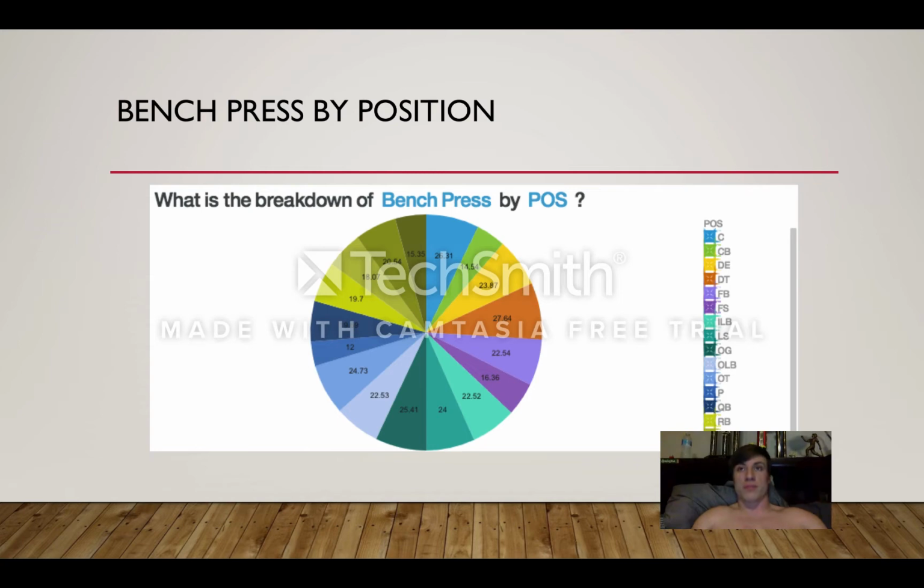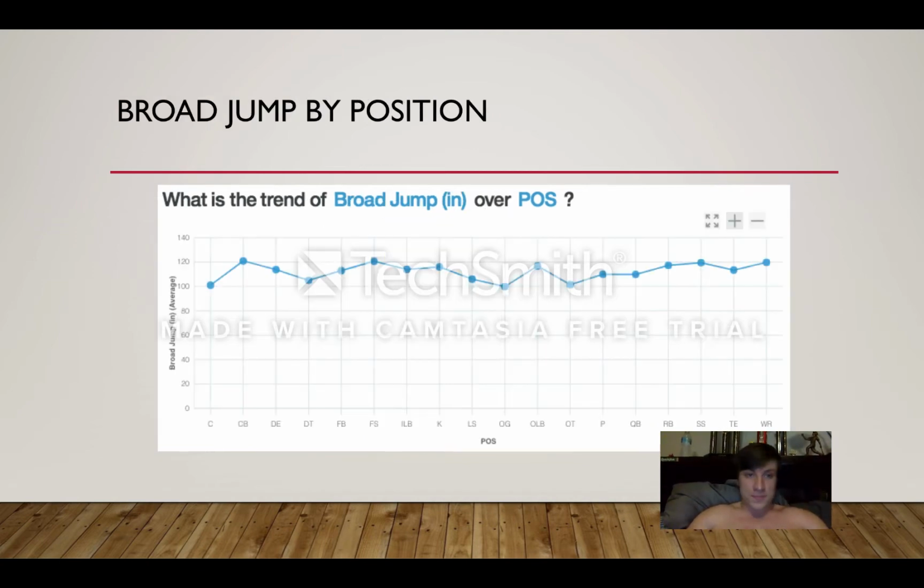You're going to focus on speed, which I'll get into in my next slide. But basically for linemen, heavier mass guys, they look for strength, which is bench pressing.